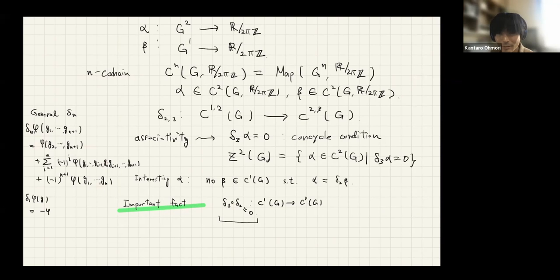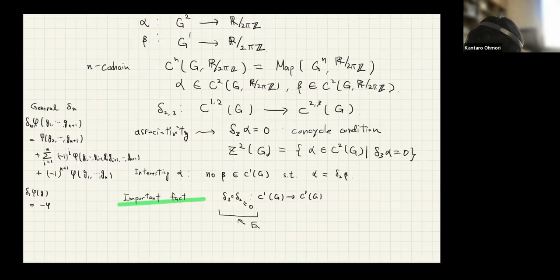I'm not sure I can do the ultra. It's a good exercise, at least for this degree, to check this.